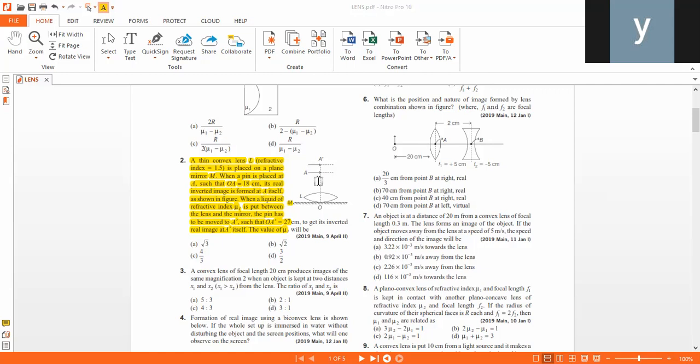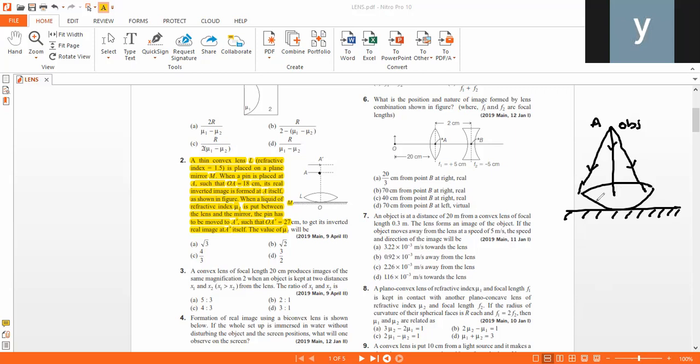Suppose, see here, we have a convex lens and this is the mirror. The object is placed at A. The light rays will fall up to the optical center with no deviation.